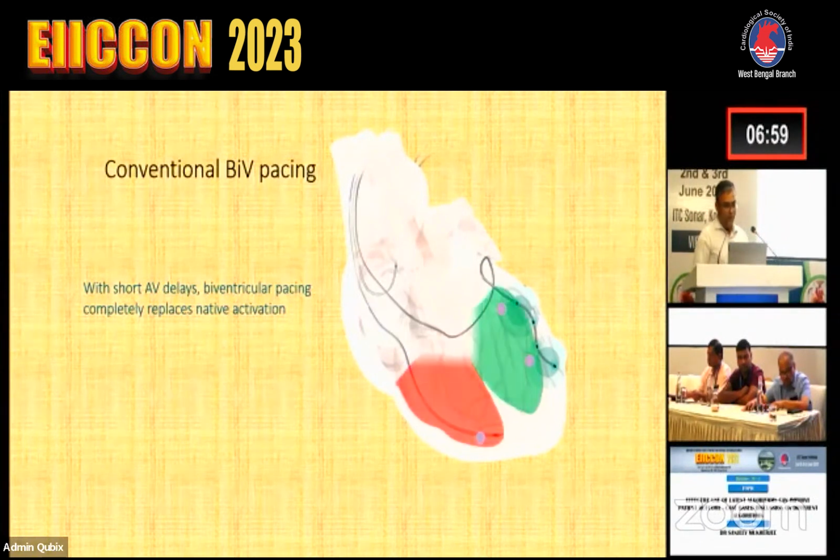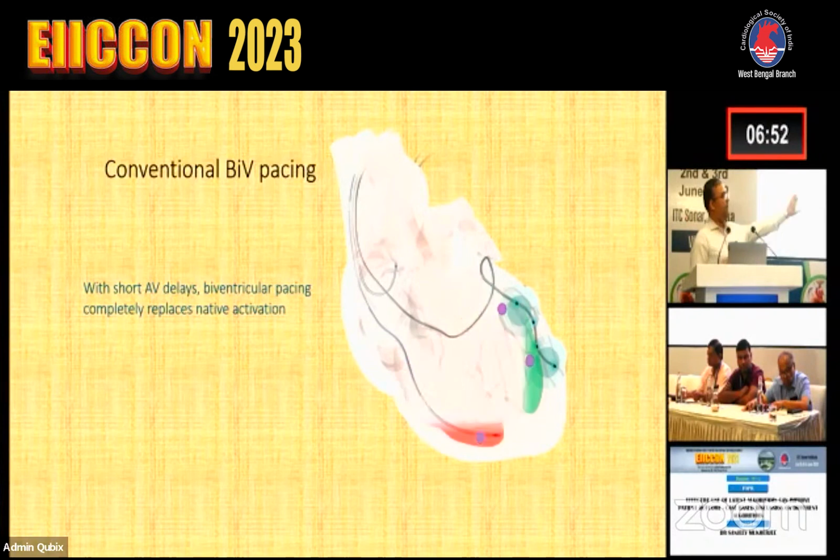Now, what happens in a conventional BiV? You take away the normal conduction with the leads you have put in. You are going to pace from the LV lead and the RV lead, and fuse both. Most of our patients who get a CRT will have preserved intrinsic conduction; there is a very small subset who will not.